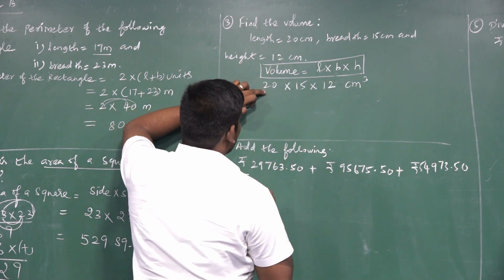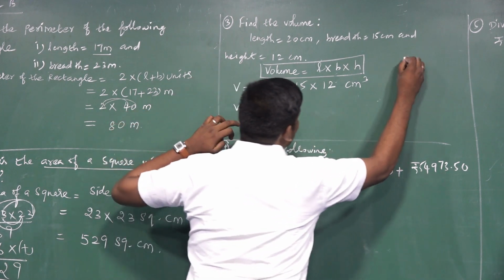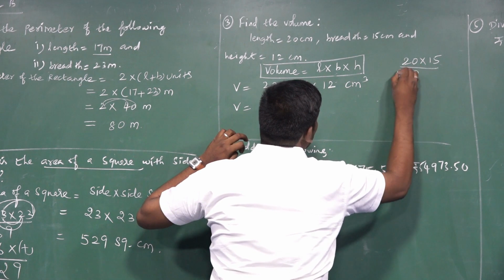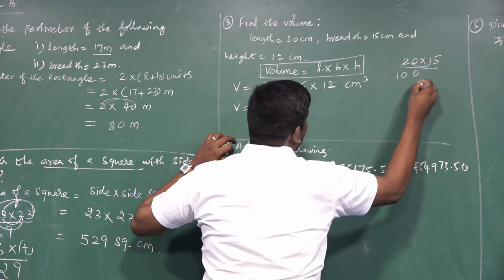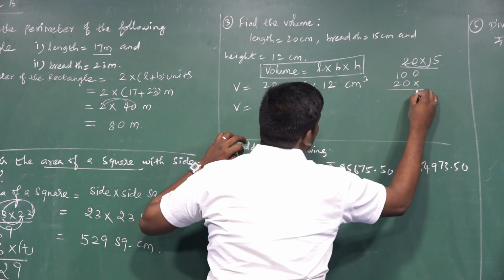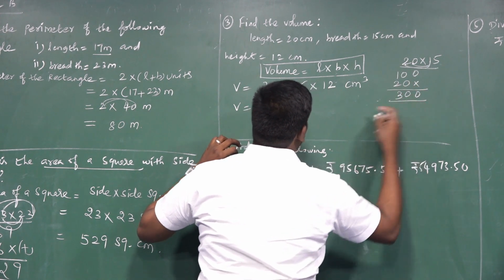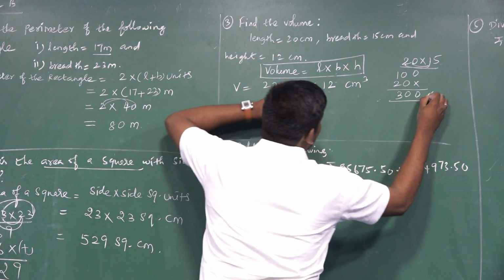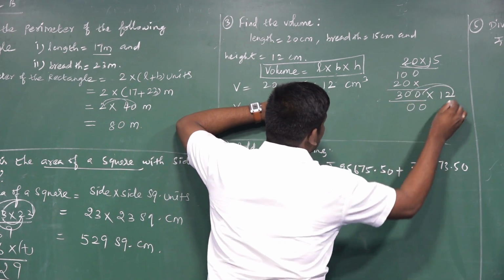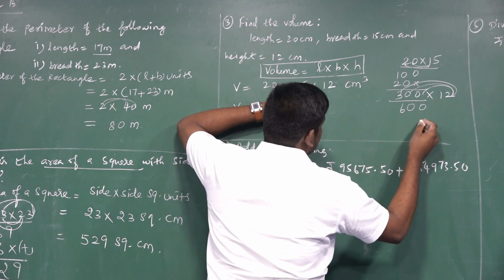So volume is equal to, first multiply 20 with 15. 0 5s are 0, 2 5s are 10. Then leave the ones place. 0 1s are 0, 2 1s are 2. So 300. Then multiply 300 with 12. 0 2s are 0, 0 2s are 0, 3 2s are 6.